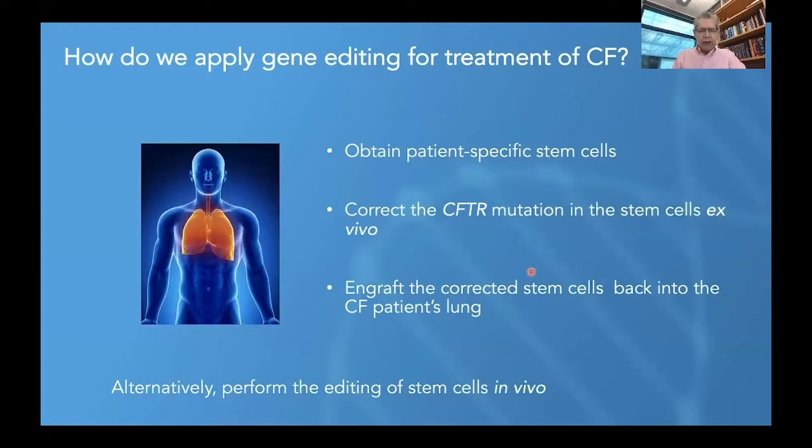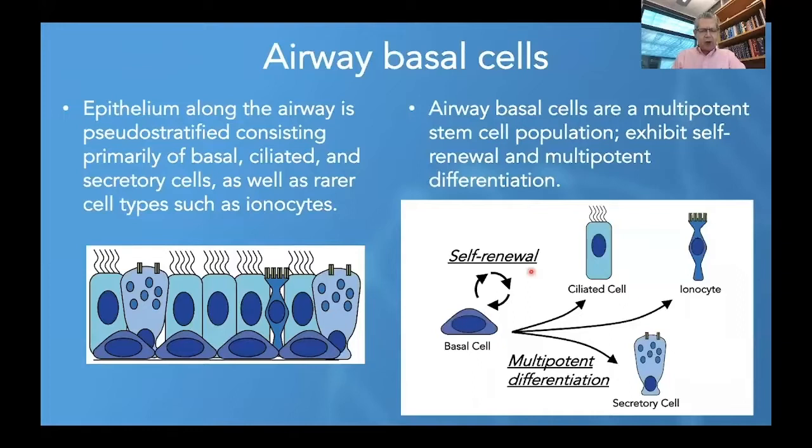So I'd like to talk about what type of stem cell population we're most interested in, and that is really this airway basal cell. What's been demonstrated now in a number of studies is that following injury, these basal cells have the ability to both self-renew as well as, through differentiation, give rise to the variety of luminal cell types that appear in the airway.